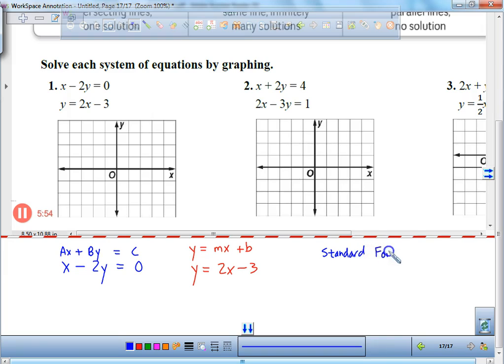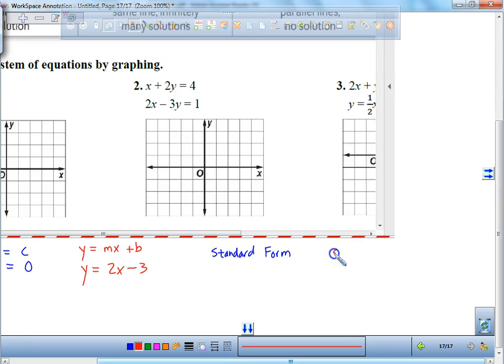We're going to go over standard form, and we're going to review slope-intercept form. Now, this is stuff that you should already know, but it's probably been a while since you've had Algebra 1, so we're just going to go over it to make sure that you understand.